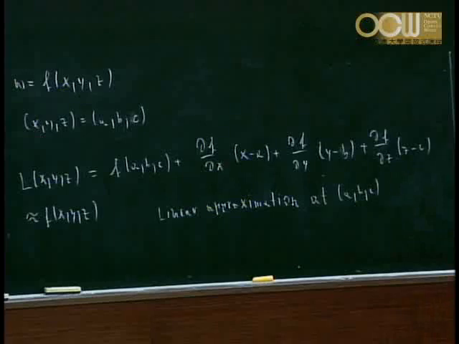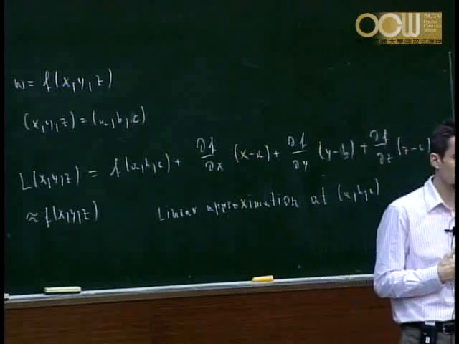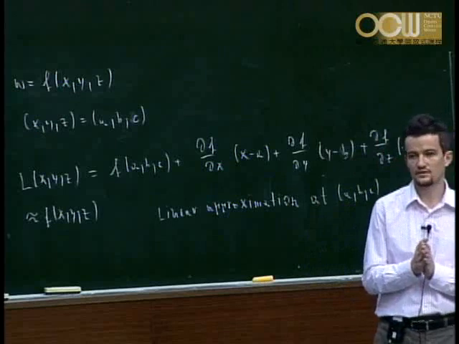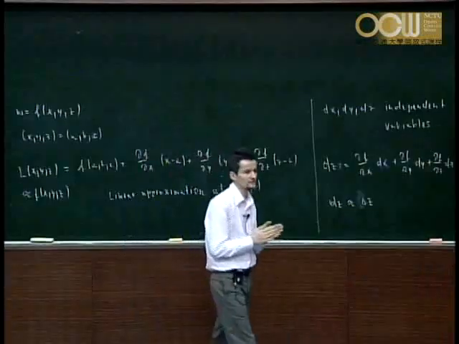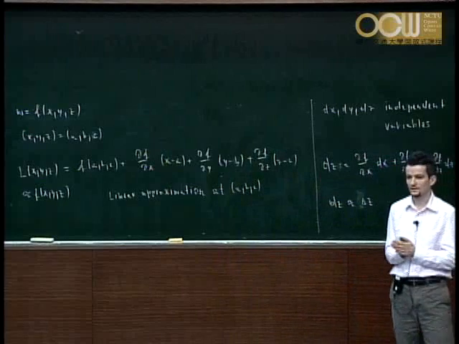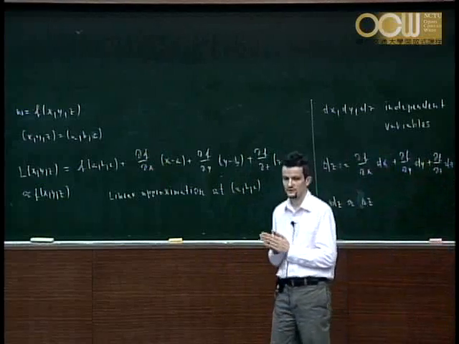Okay, so next time we will generalize the chain rule to functions of two and more variables. This is essentially what we want to do next time, and then it's time to discuss applications of the theory of functions of two variables.